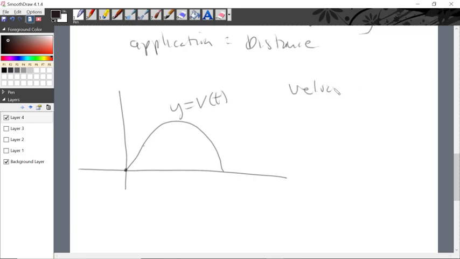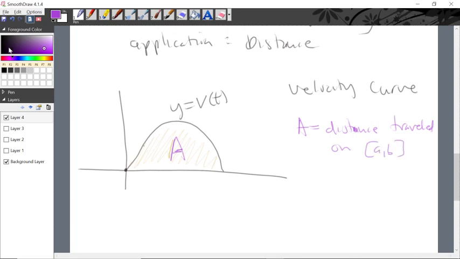If that is a velocity curve, and we found the area under here, let's just call this A for right now, then A is interpreted as the distance traveled on the interval from a to b. So let's say this is where x is equal to a, and this is where x is equal to b.